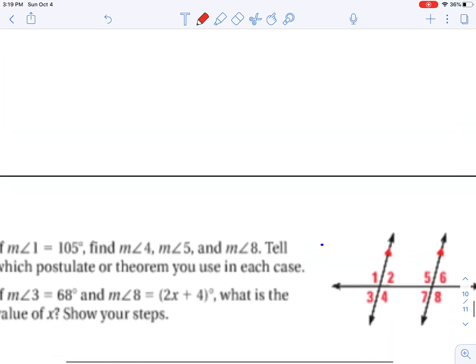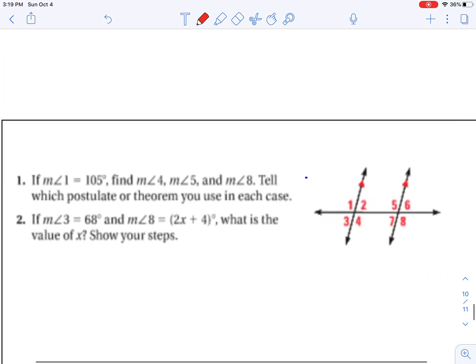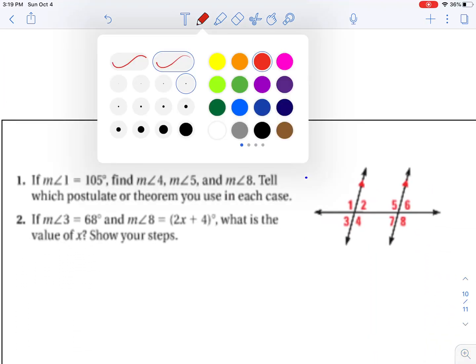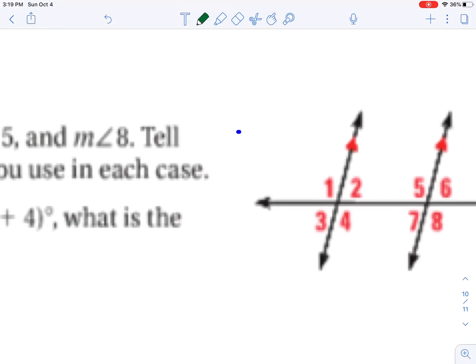Take a look at the last independent practice then. It says if the measurement of angle 1 is 105 degrees, find measures of angles 4, 5, and 8 and tell which postulate or theorem we would use. So angle 4 would be 105 degrees because it was vertical to angle 1.